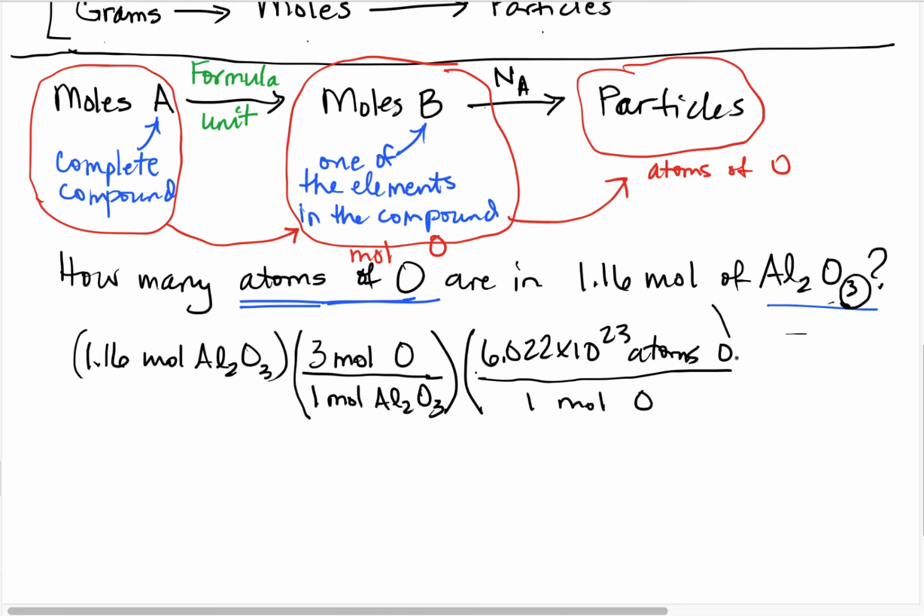And if you write out your calculation with all of these details in here, with the labels for the atoms, for the moles, you can see that our moles of oxygen will cancel, our moles of aluminum oxide will cancel, and now the units that we want, atoms of oxygen, are the units that we have left over, and that means that we've set it up right. So when we do this calculation, pause the video real quick and see what you get. I got 2.10 times 10 to the 24th atoms of oxygen.